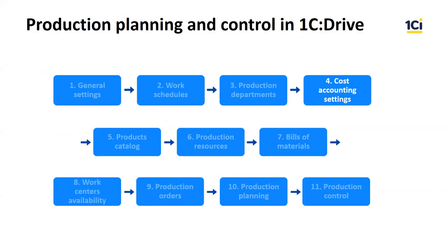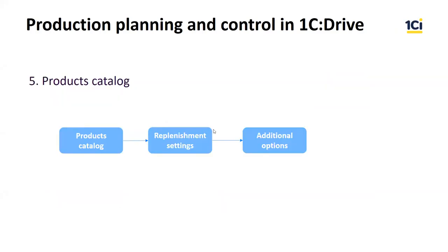And we go to product and process design tools. Of course, the design of the product itself and the process design are outside the scope of OneSeeDrive, but in OneSeeDrive, we register all the finalized details, all the information that we might need in our day-to-day transactions. First, let's discuss the products catalog.